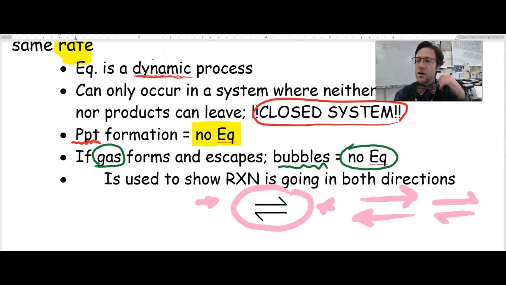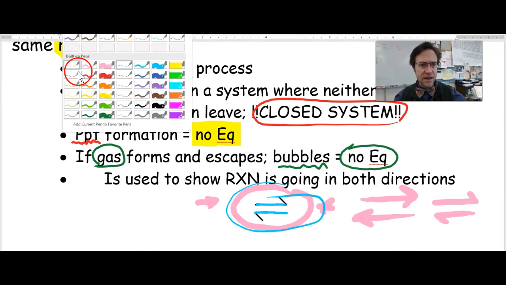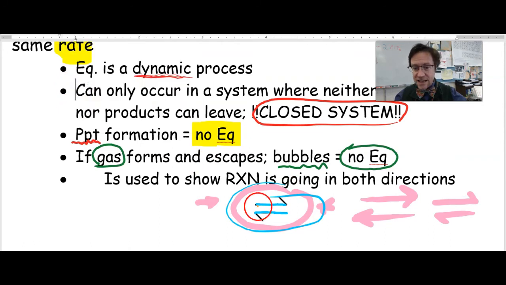So if you see this symbol between reactants and products, that means equilibrium. If you look really close, it's sneaky, it's got an equal sign in it. Wait, let me get a pen here so I can draw. It says the forward reaction and the reverse reaction are equal.